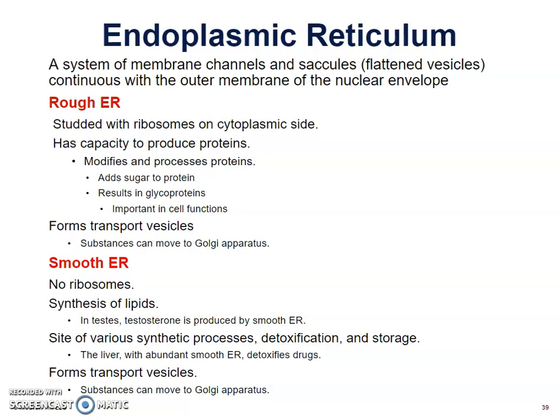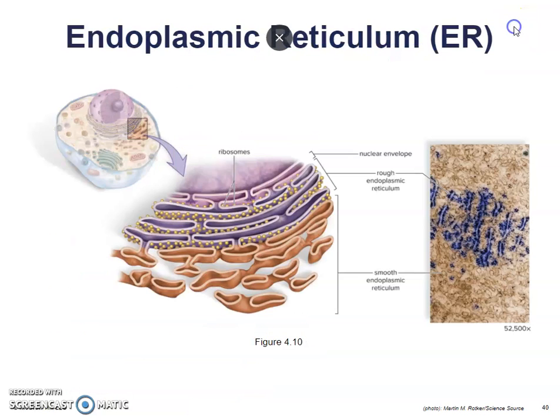Especially your liver, which detoxifies drugs. So if you're taking large amounts of ibuprofen or Tylenol, your liver is what is actually breaking that down. Once it is done making those lipids, they are wrapped up in a vesicle, remember the cell membrane, and shipped to the Golgi apparatus as well.